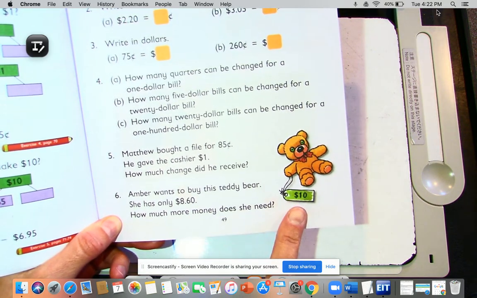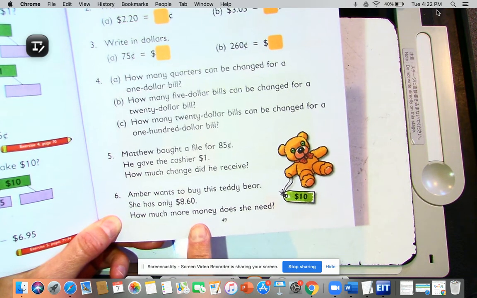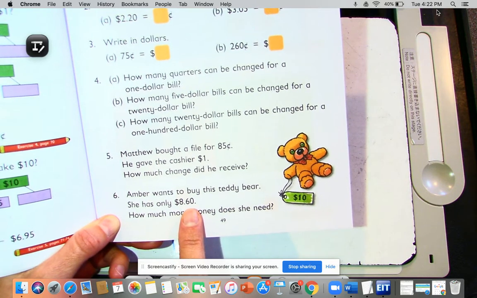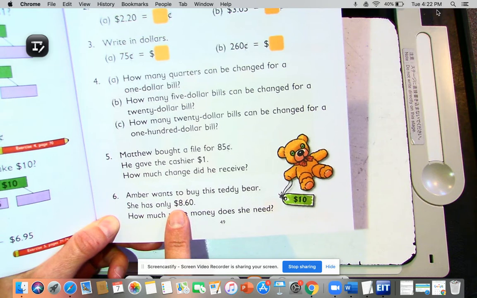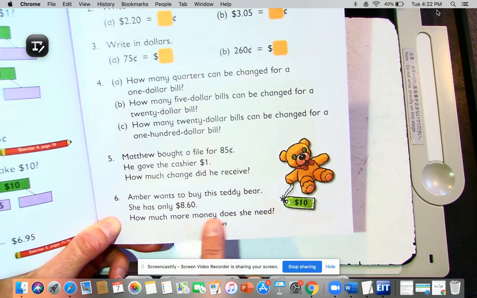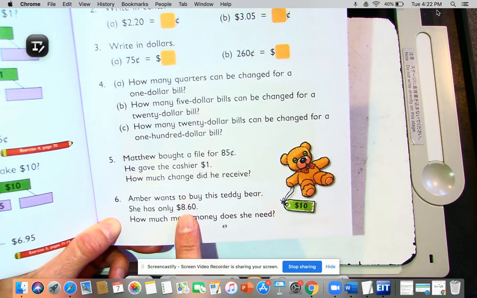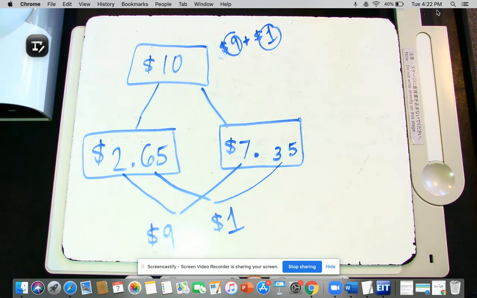So again, if we think about making a $9 and $1, I know 60 cents plus 40 more cents gets me up to $1. And then 8 plus $1 gets me up to 9. So the amount of money that she still needs would be $1.40.